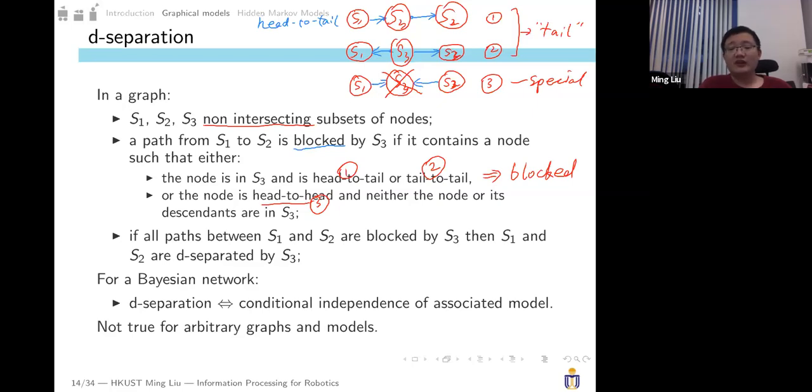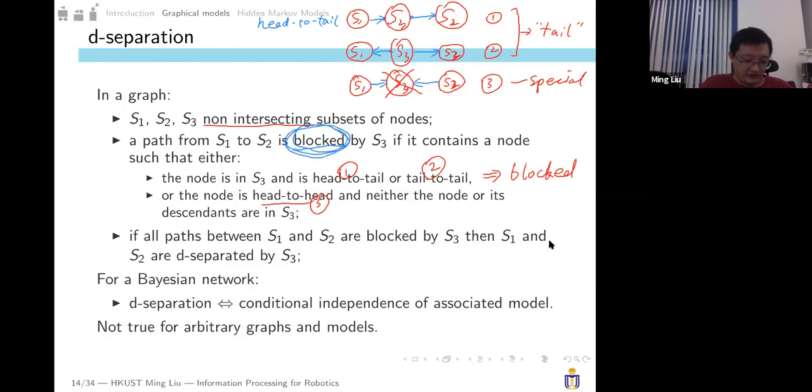These conditions are defined in a weird way, but that's how the system is defined. Then you know what blocked is.